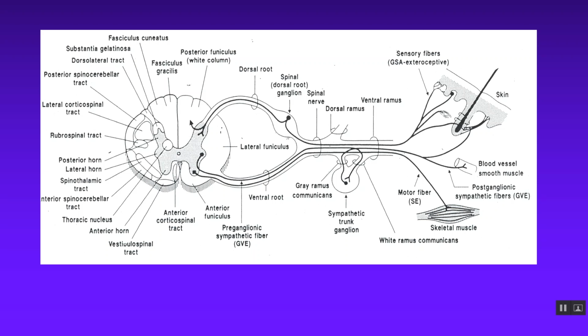So this is a cross section through a spinal cord, and we know we're at a thoracic level because we have a little lateral horn right there. Also, in a cross section through the thoracic spine, the ventral and dorsal horns are kind of small.